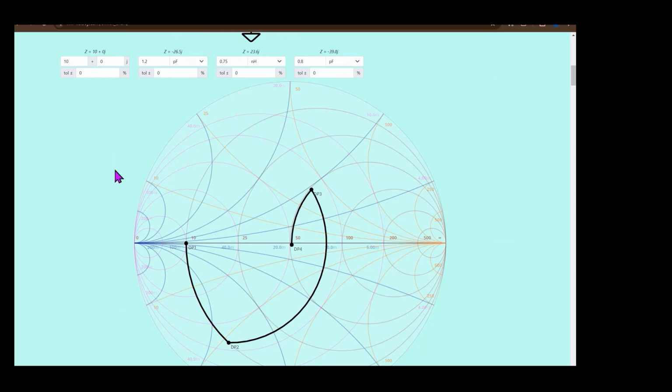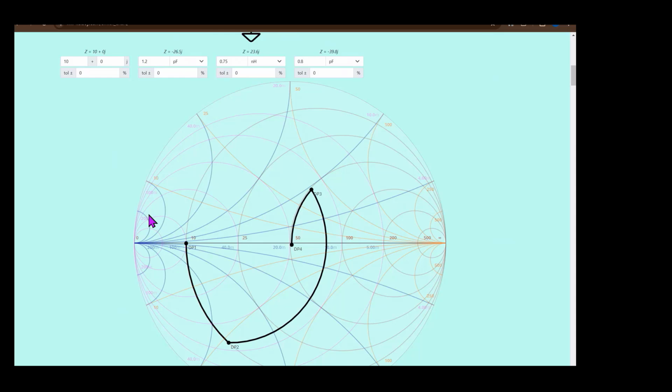So I find the Q here and the Q here, and I add them together, and that would be the total Q of the circuit. Does it always add up like Q1 plus Q2 plus...? It comes pretty close to that. There's always a little bit of a variation, but it's pretty close to that.